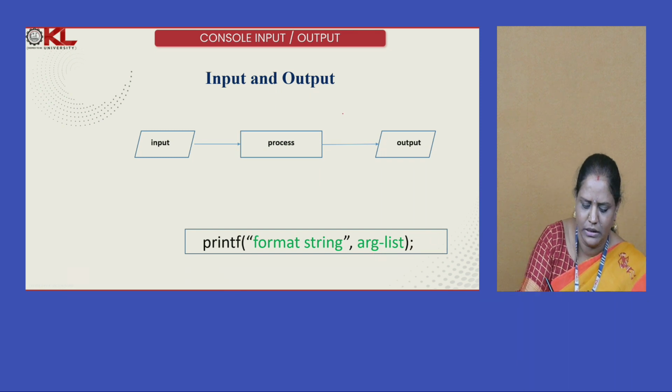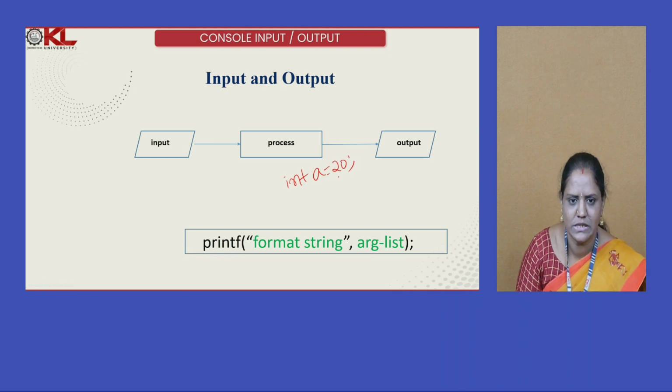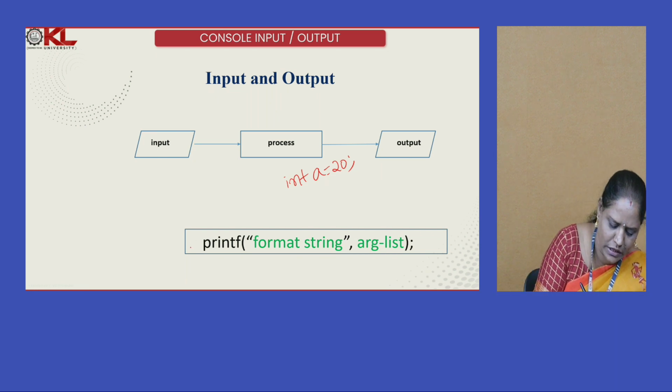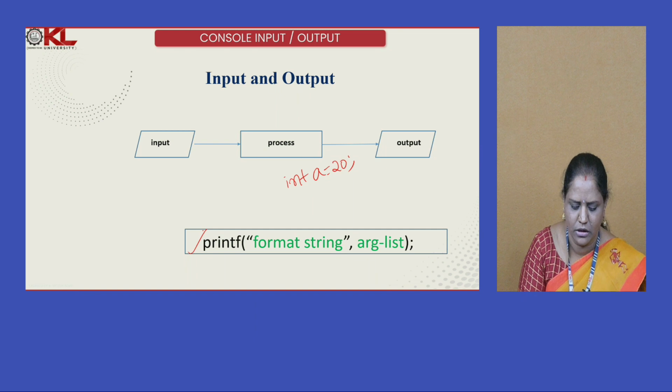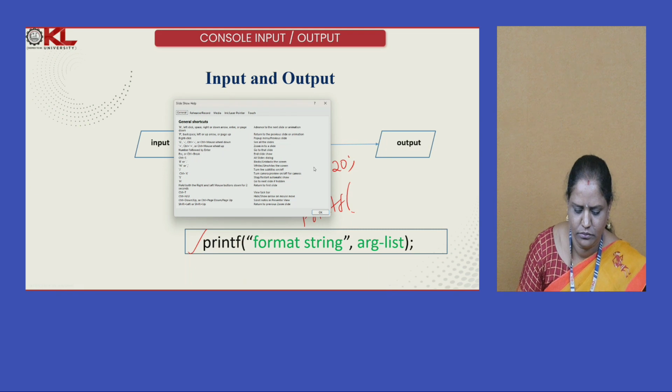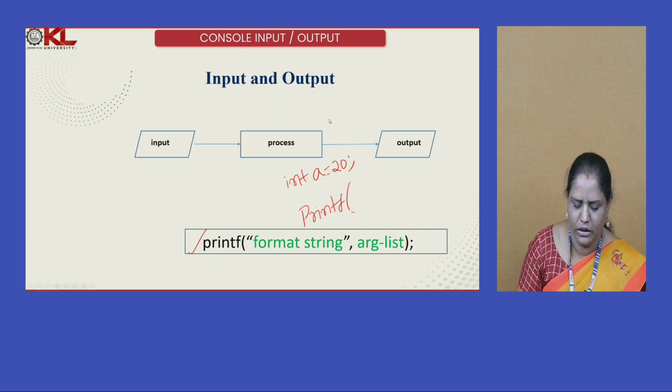For example, I have a variable int a equals 20. Now I want to print this value on the screen. It is an output operation, and to perform any output operation we go with the printf function. How do I write this printf in order to print my a value on the screen? printf, then the format specifier.